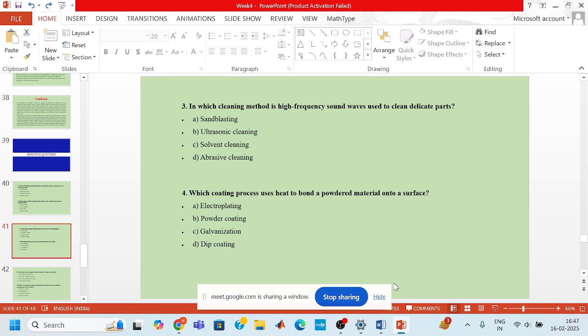Anyone else? Okay, the correct option is B, powder coating. The powder coating process uses heat to bond a powdered material onto a surface to coat the surface.